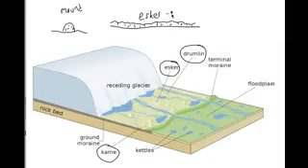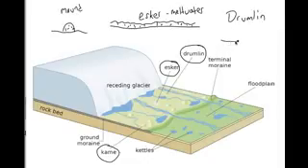So again, the meltwater is a key factor in the formation of an esker. And then lastly, we have something called a drumlin. D-R-U-M-L-I-N. Drumlin. You see a lot of these in Wisconsin. A drumlin is like a teardrop shape, or kind of like a whale-shaped thing. It's a teardrop shape of sediment.